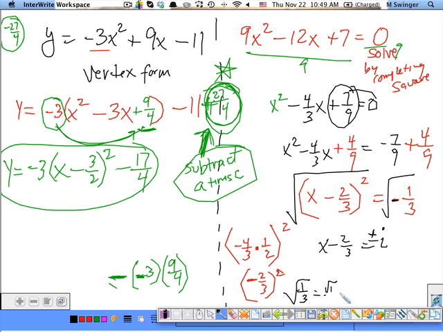That's root 1, which is 1, over root 3. Okay, so rationalize. Root 3 on the bottom, root 3 up top. So really root 1 third is the same as root 3 over 3.